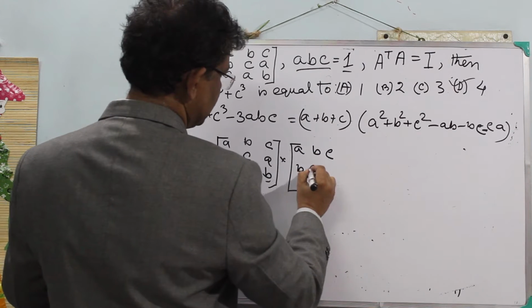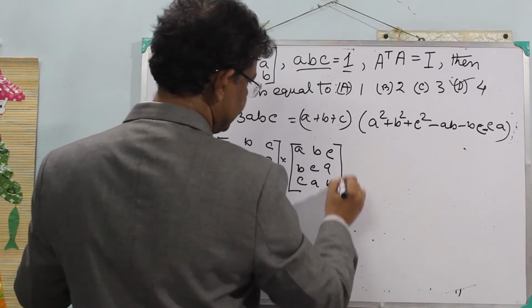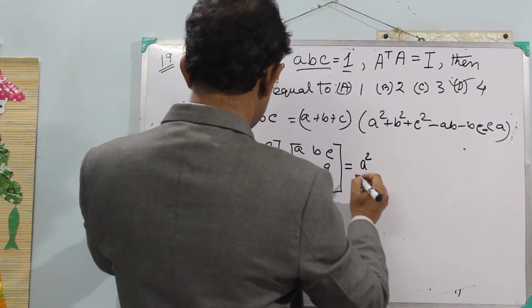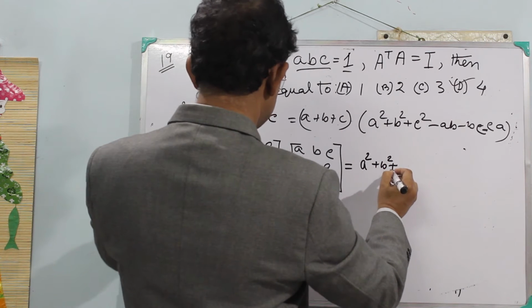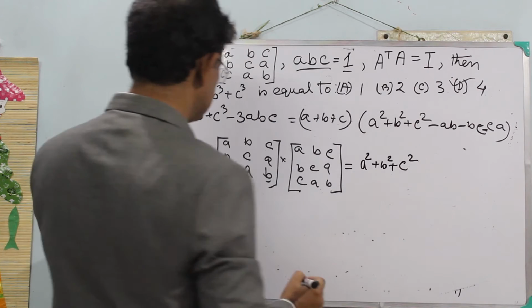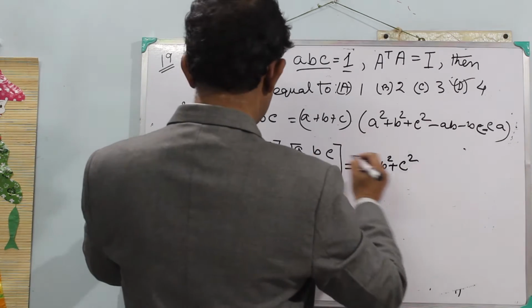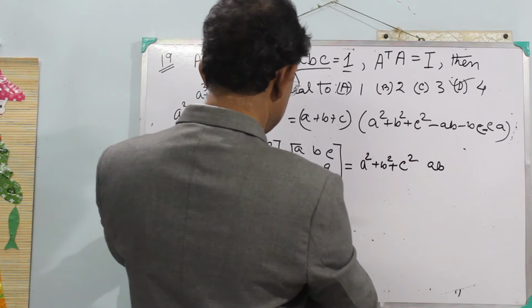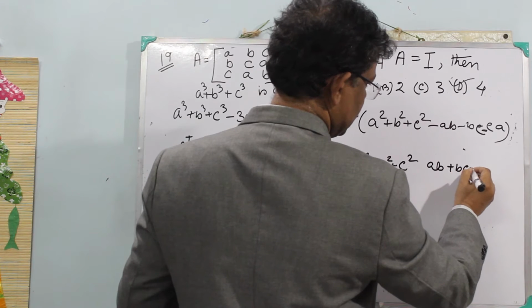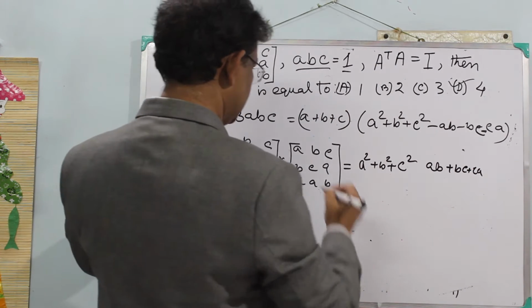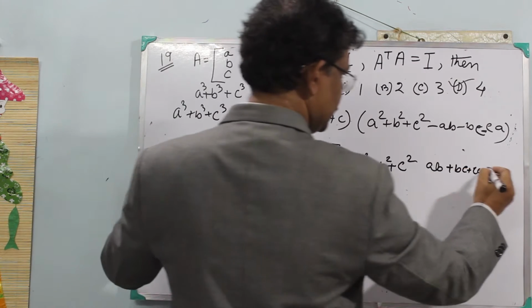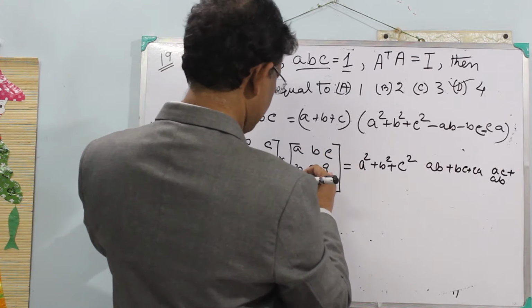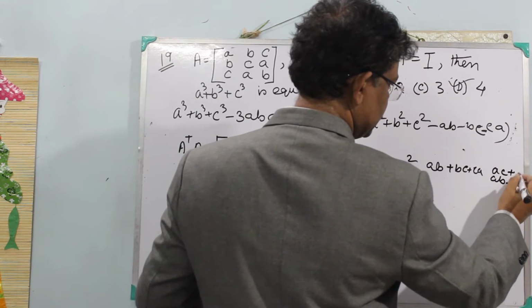So this equals a square plus b square plus c square in the first entry, then ab plus bc plus ca, and in the third row ac plus ab, and so on.